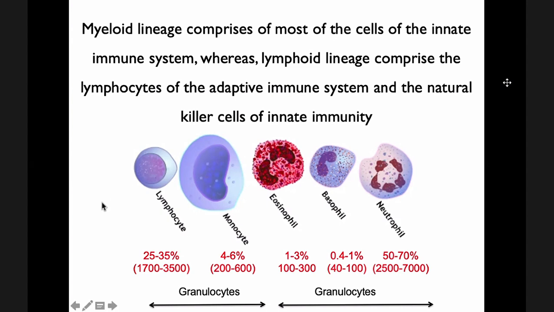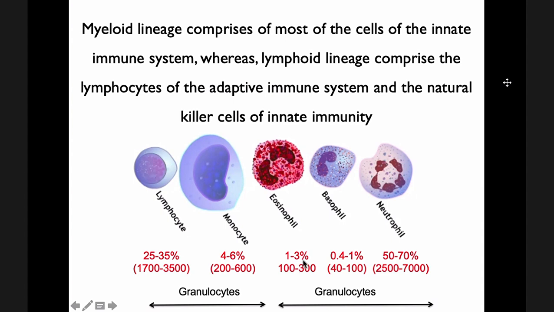in Nature. Again, you have these lymphocytes. If you count, for example, 100 cells, out of 100 cells, lymphocytes are usually 25 to 35%. Monocytes are close to 4 to 6%.